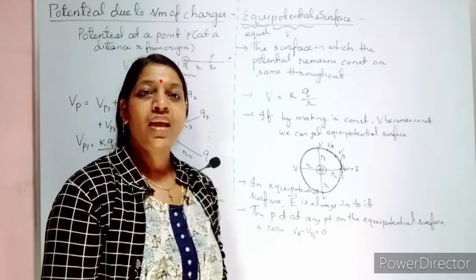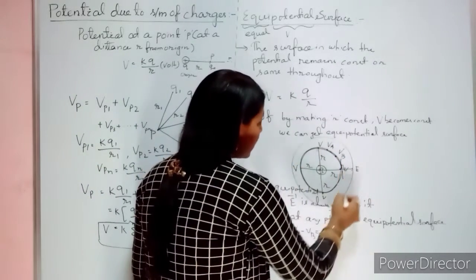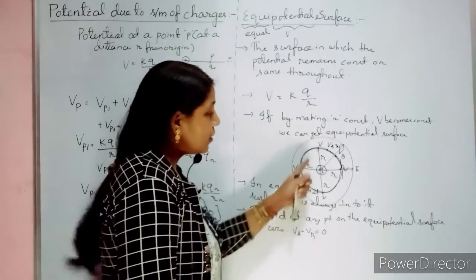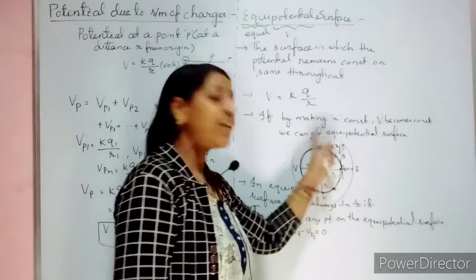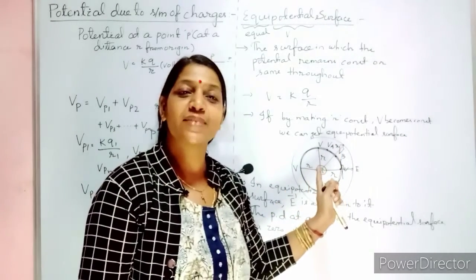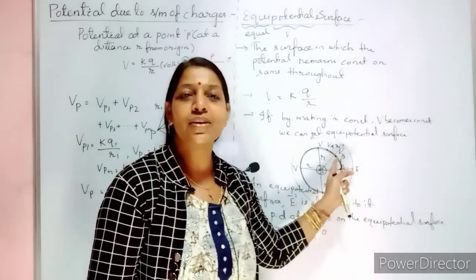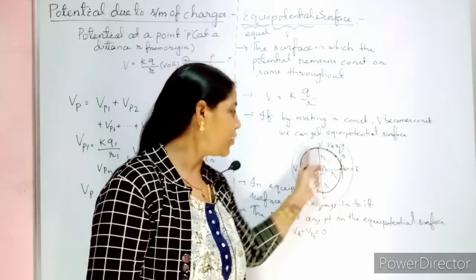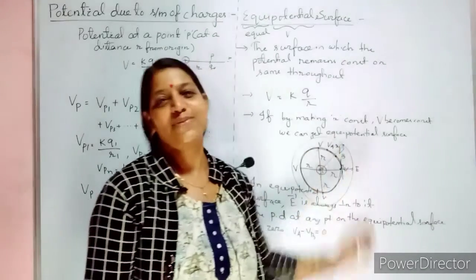Clear? For example, now I am taking another radius. Let it be R1. Now, for radius R1, you find this is your second circle of equipotential surface. That potential is different, and for R1 your potential is different. Got it? This is one equipotential surface. This is another equipotential surface.